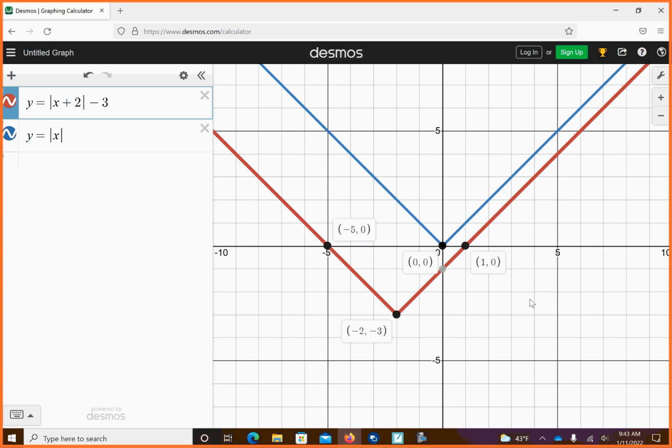So the blue graph has one solution. Can I say that term? The blue graph has one solution. The solution is 0. The red graph has two solutions. The red graph's two solutions are -5 and +1. So notice when I'm saying solutions, I'm referring to the x part of the coordinate. Does that make sense?